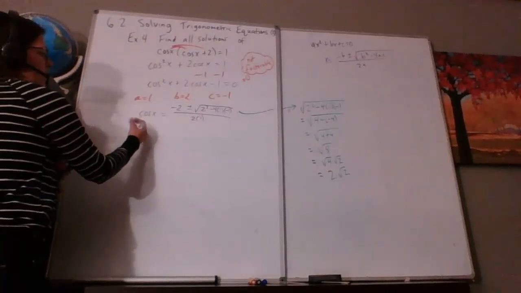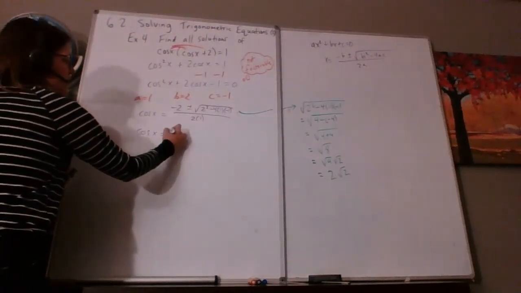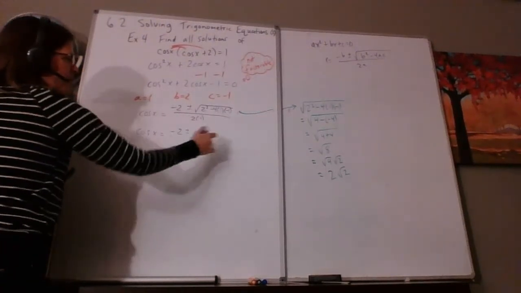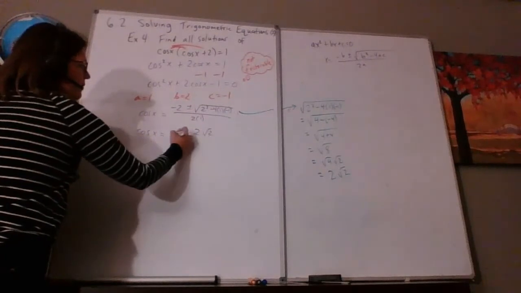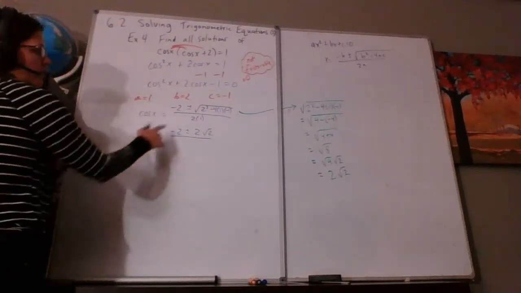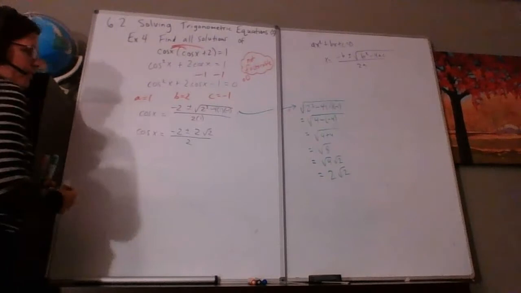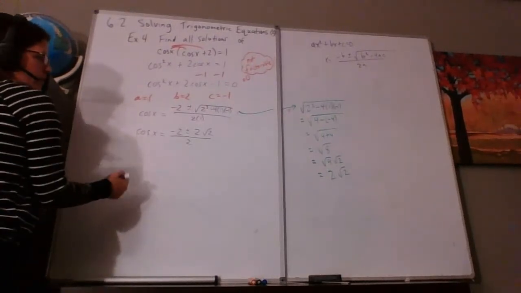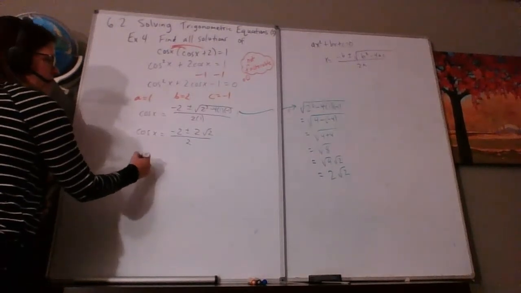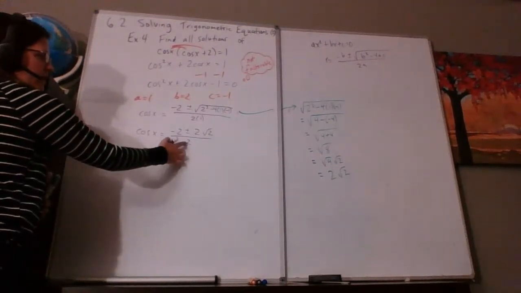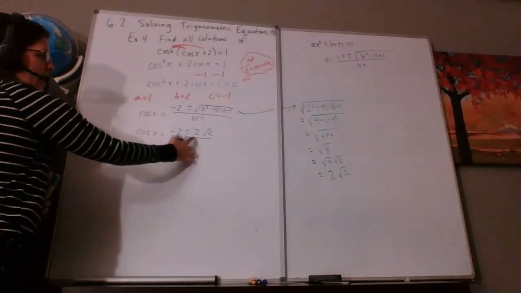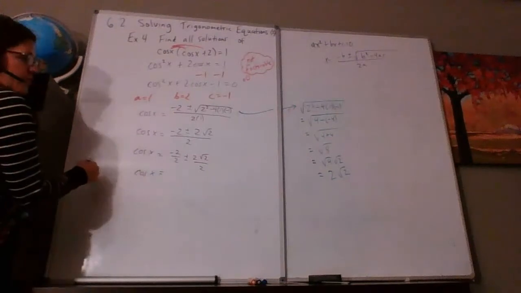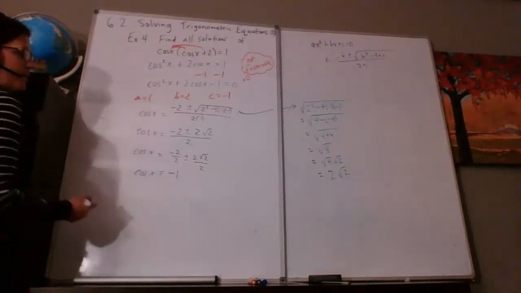Coming back, we have cosine x equals -2 plus or minus that big square root was simplified into 2 rad 2. And all of that goes over 2 times 1, which is 2. Since 2 goes in evenly to the whole number part, we could simply write that as -2 over 2 and 2 rad 2 over 2. -2 divided by 2 is -1.